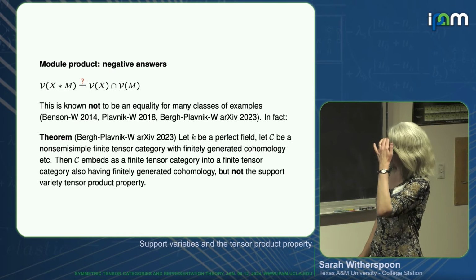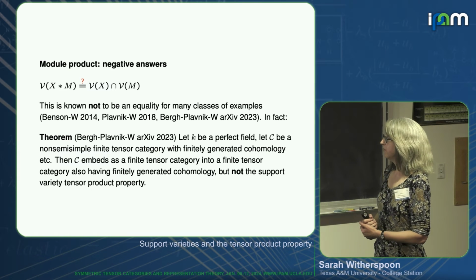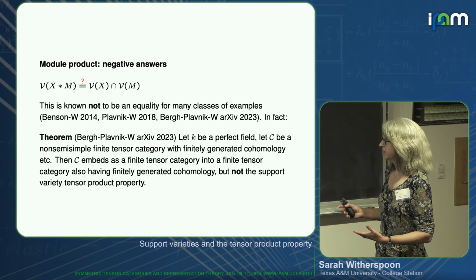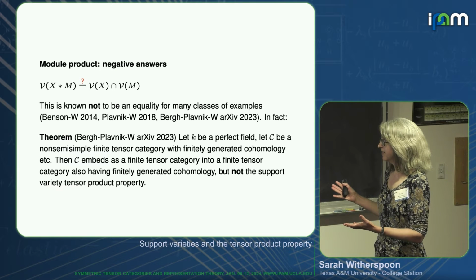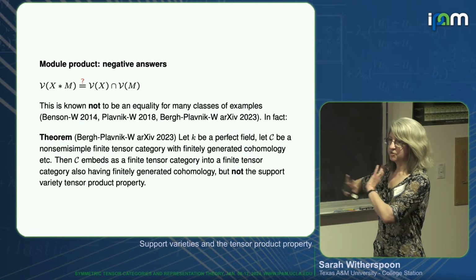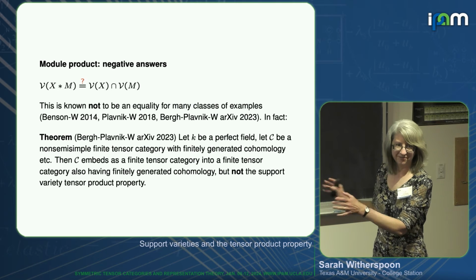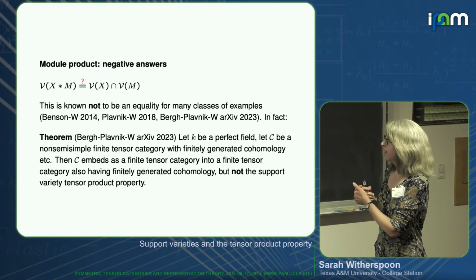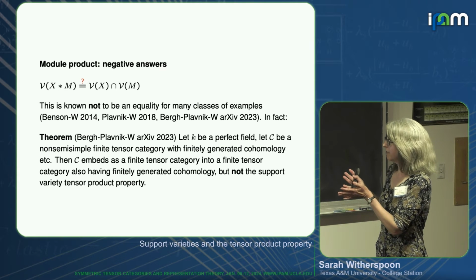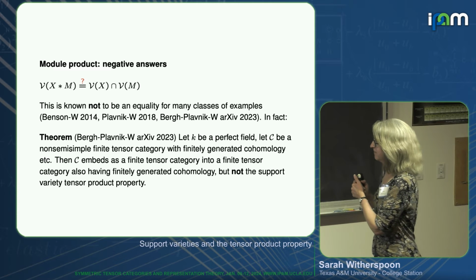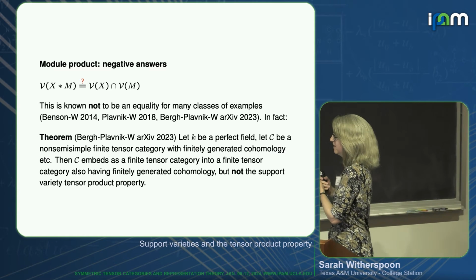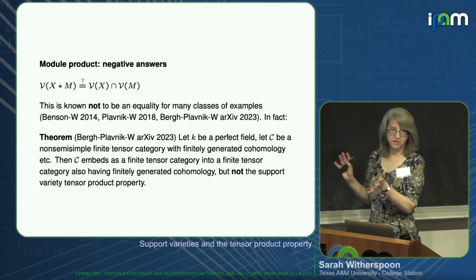That's on the next slide, but I did want to mention that we have loads and loads of examples. We could start with any non-semi-simple finite tensor category and embed it in loads and loads of categories. We can even start with a finite tensor category that doesn't have the tensor product property, or maybe it does. Either way, we can embed it into loads and loads of categories that don't.